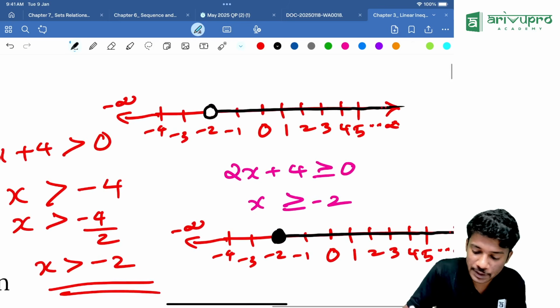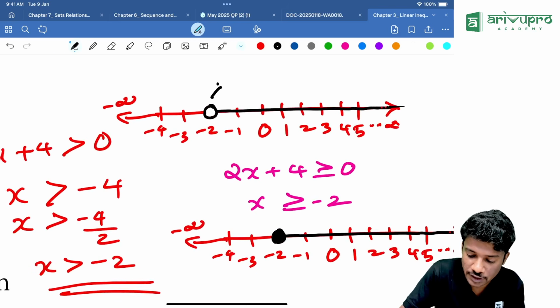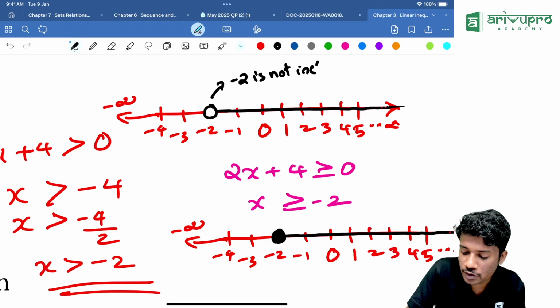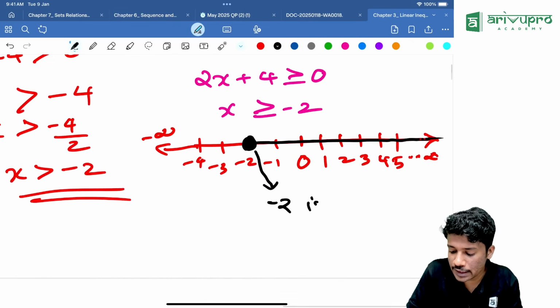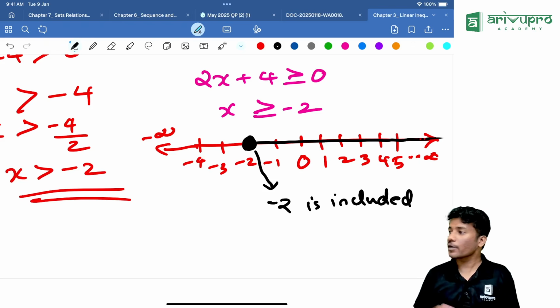Very important, keep a note of it. A previous year question was there. Minus 2 is not included. Minus 2 is included. Got the point, everyone?